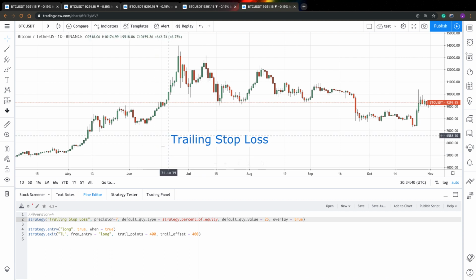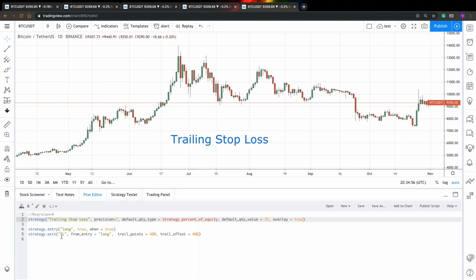And the last thing I want to show you is the trailing stop loss strategy. So in TradingView you have a very nice feature called trailing stop loss levels.